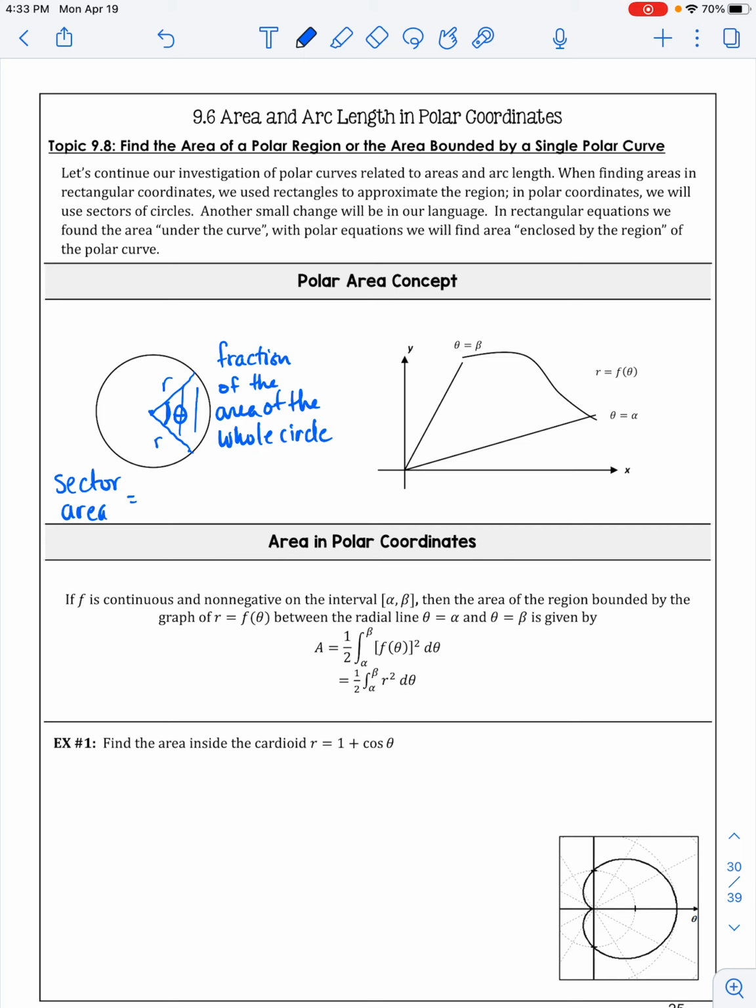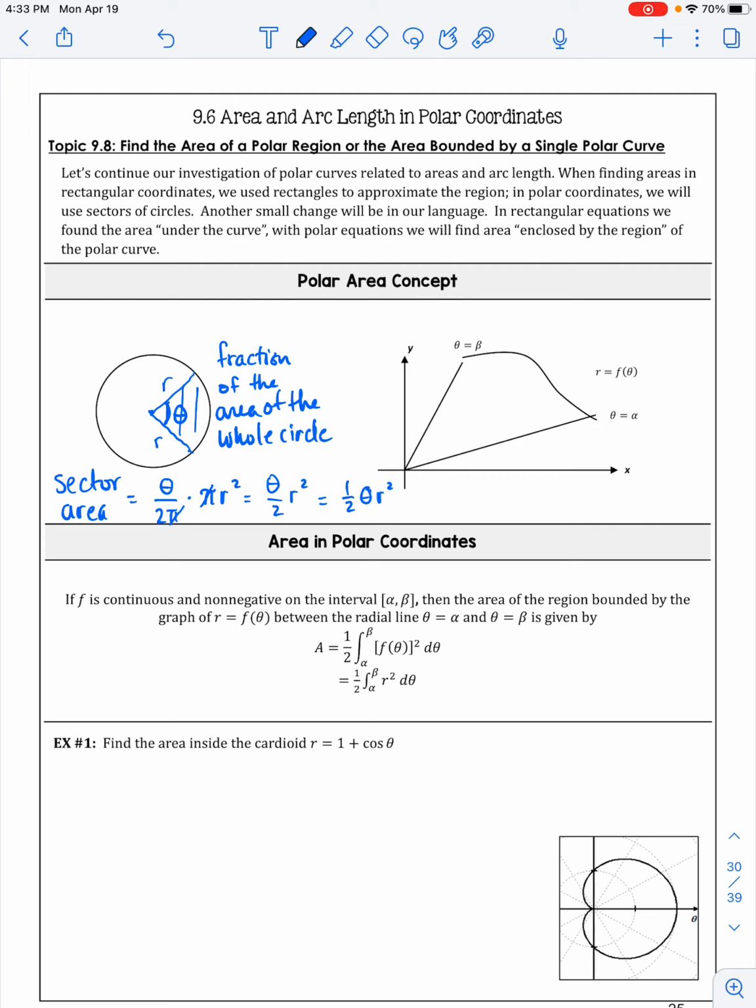And so our sector area would be equivalent to a fraction, theta over 2 pi, of, which means multiply, the area of the whole circle. You can see here that these pi's will cancel, leaving us with theta over 2 times r squared.